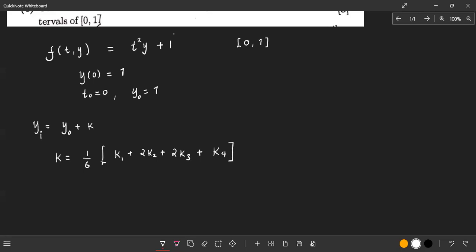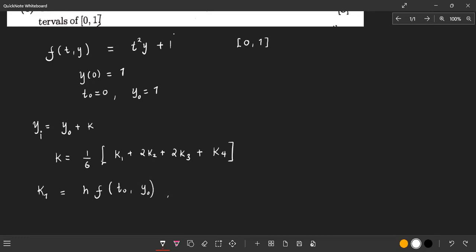Now what are these k1, k2, k3 and k4? How do you find those? So k1 is equal to h times f evaluated at t naught, y naught.